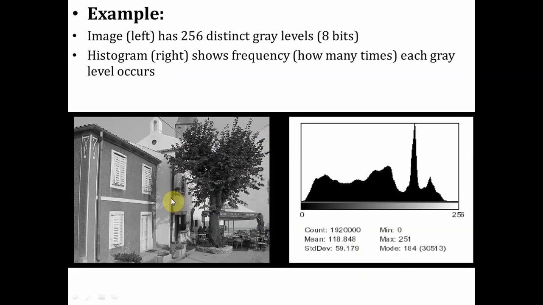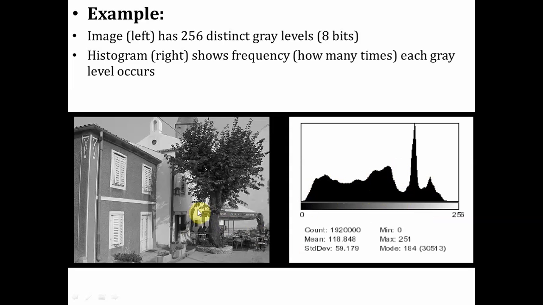L will be 256, L minus 1 will be 255. The histogram shows the frequency of each gray level, that is, how many times each gray level repeats in the image.